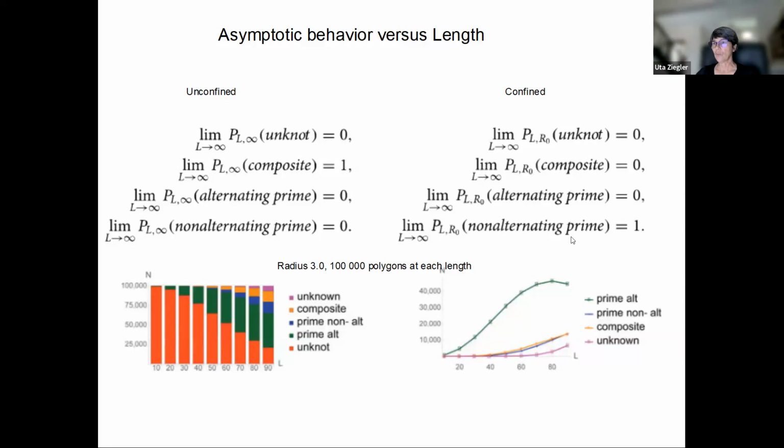Based on that, we conjecture that the non-alternating prime knots will be taking over. Here we can already see that the alternating knots have hit a peak and go down. The prime non-alternating we cannot quite see here, but we'll later deal with these unknowns in a different way than just here.